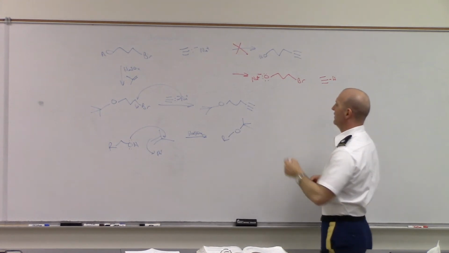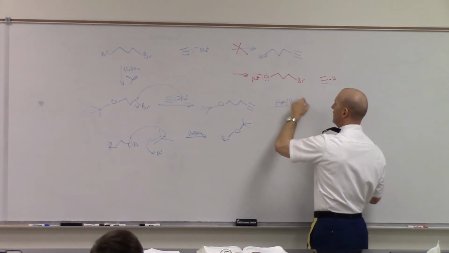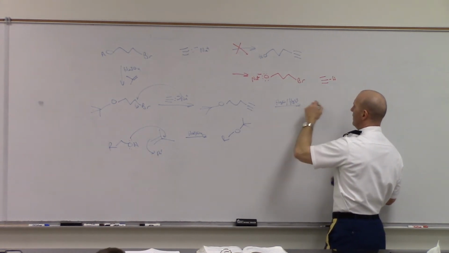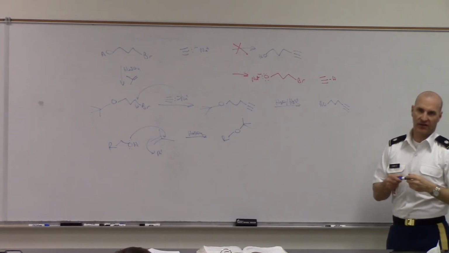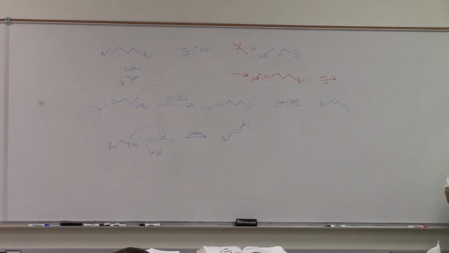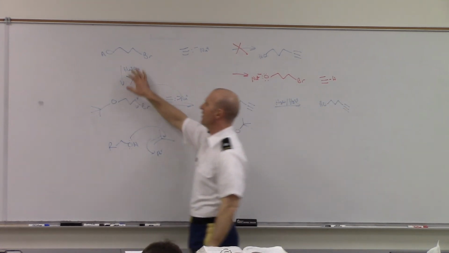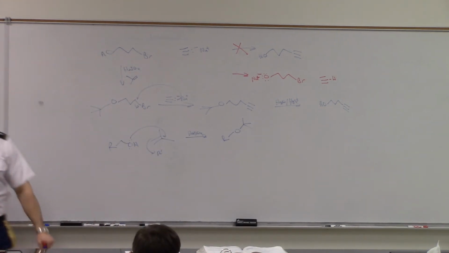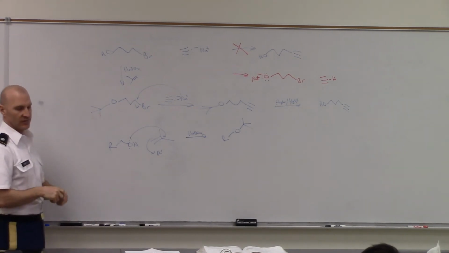We get the desired product, and then we just have to use some dilute acid to remove the tert-butyl. And we get the desired product. So we have to use protection sometimes. I usually use small alcohols in examples, but this is the type of stuff you run into a lot more, especially in biochemistry. You have a bunch of substituents on the rest of the molecule, and you have to be selective in which one you want to react with. So this is one protecting group that you can use.